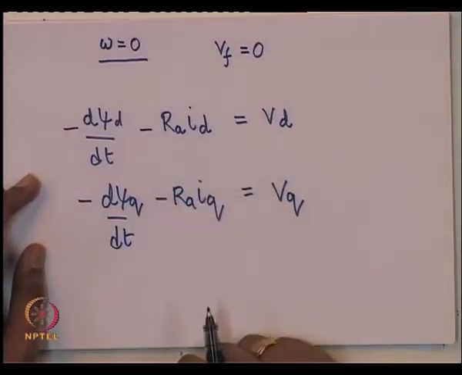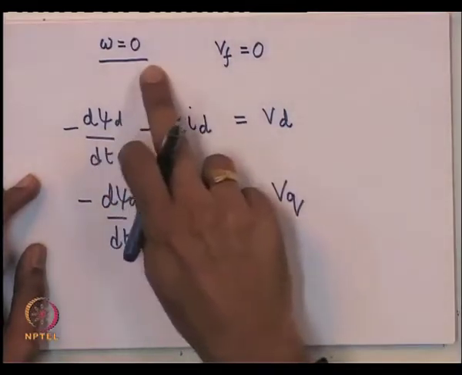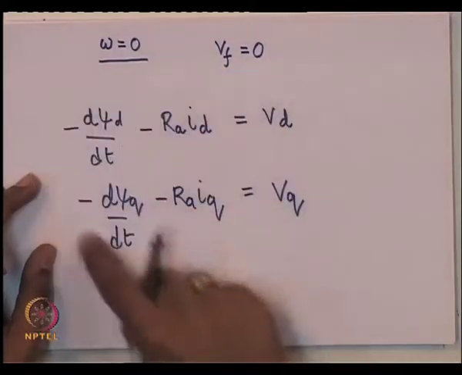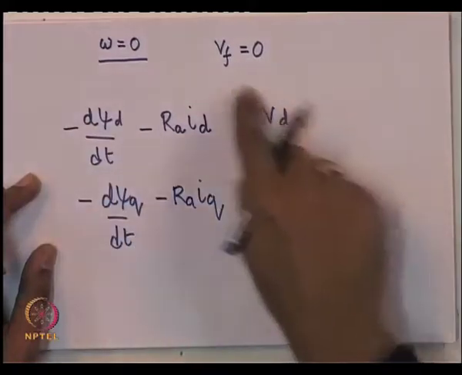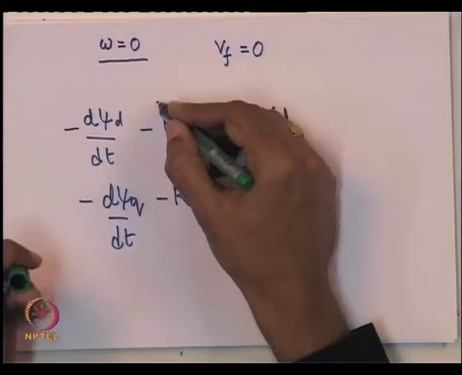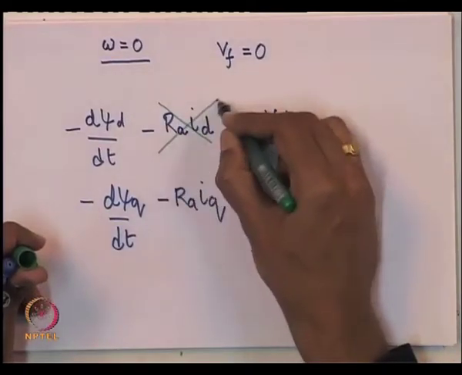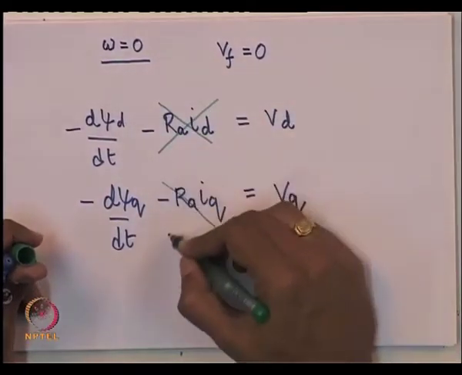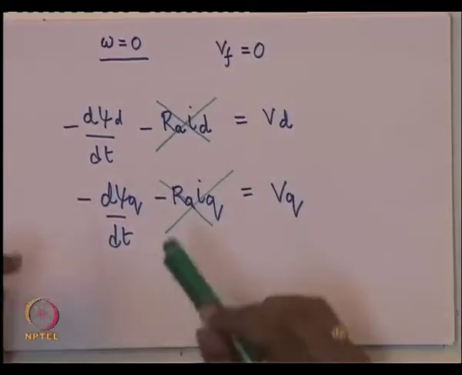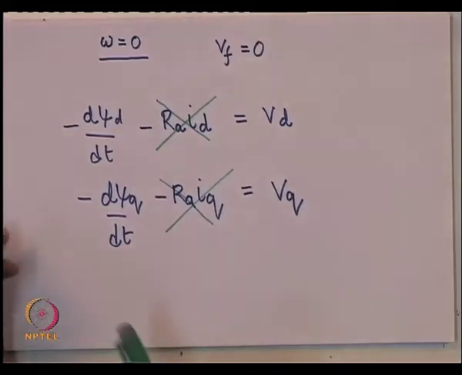So, suppose you have a situation where speed is equal to 0, Vf is equal to 0. The stator flux equations of a synchronous machine are going to look like this. If you assume that the resistances are very small, which they indeed are for large synchronous machines, then you get d psi d by dt is equal to minus V d and d psi q by dt is equal to minus V q.